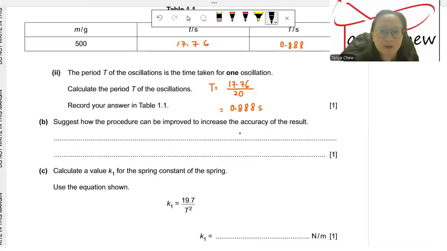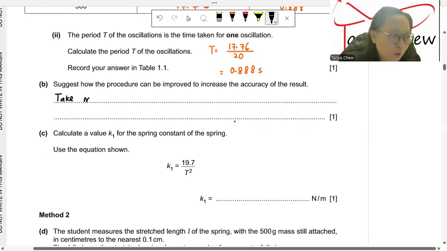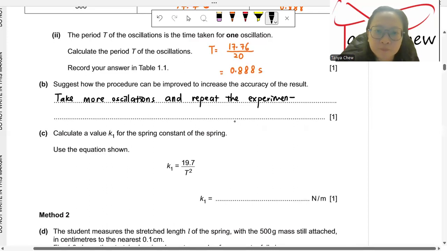So you can say take more oscillations, repeat the experiment, and find the average.